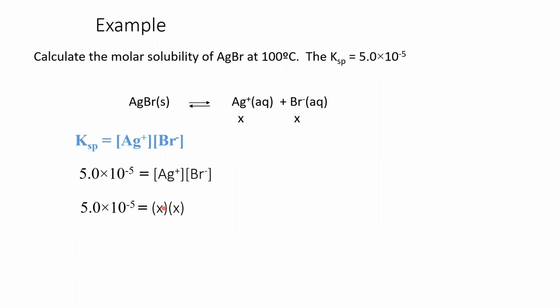And if we want to solve for X, we would just take the square root of both sides. So again, do that in your calculator. Make sure you know how to take the square root of numbers that are written in scientific notation. There's a couple of different ways you can do it on your calculator. So take the square root of 5.0 times 10 to the minus 5, and then we'll compare your answer.